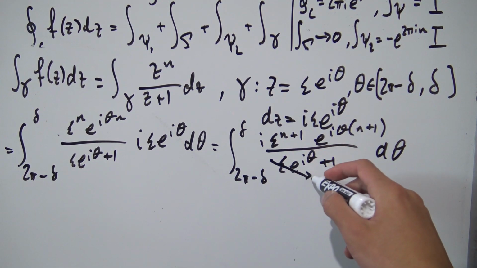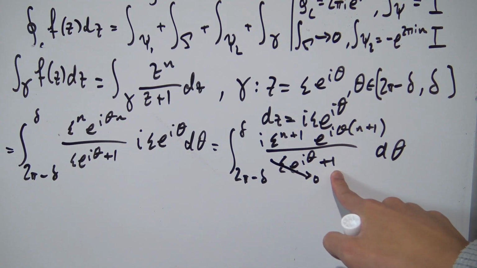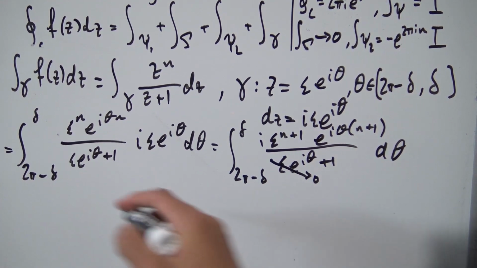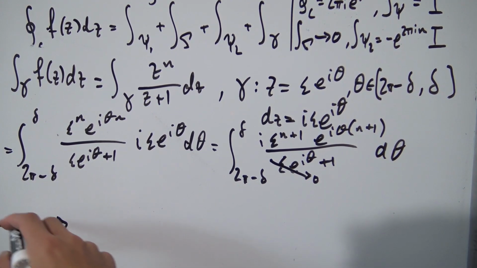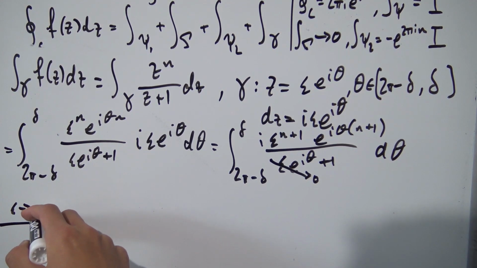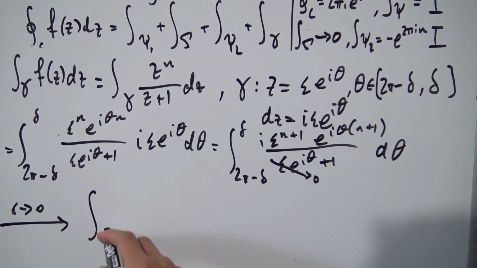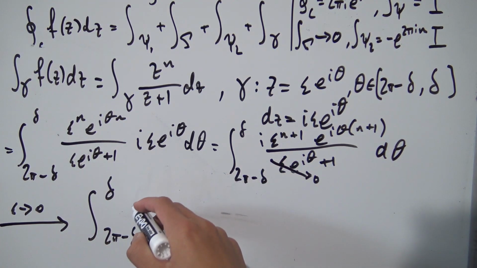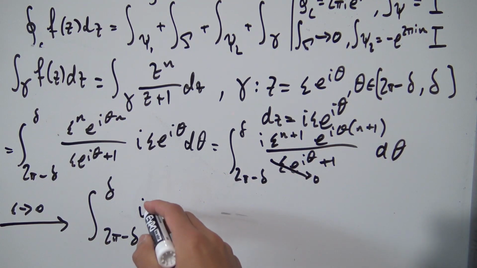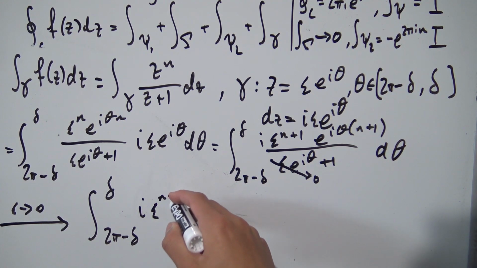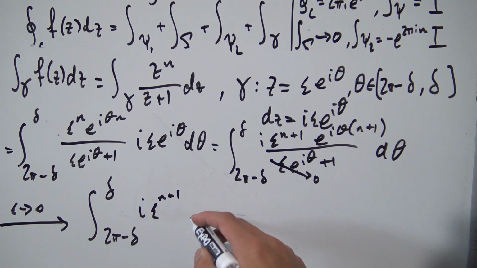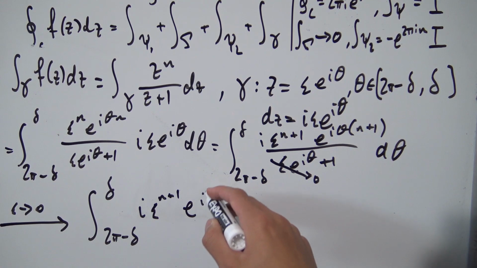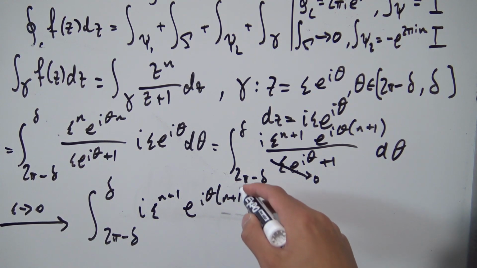So if we take the limit on the integrand right here, this thing is going to go to 0, leaving us with a 1 on the denominator. So if we take the limit as our epsilon goes to 0, first of all, we're going to have the integral from 2 pi minus delta to delta. So we have our i right here, and let's just put this epsilon here, epsilon to the n plus 1, and then e to the i theta times n plus 1 like so.